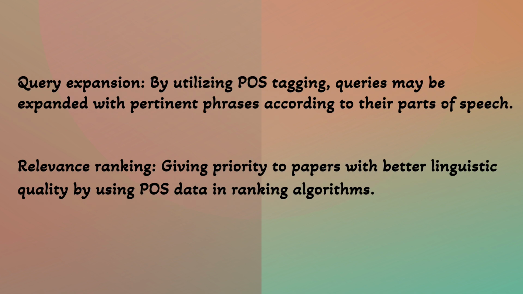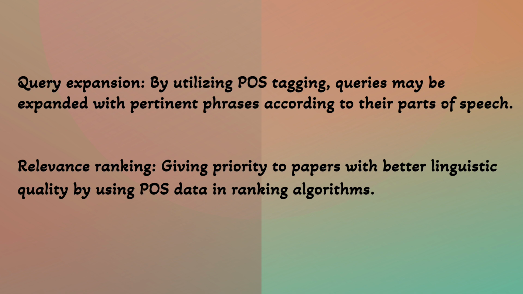The third one was query expansion. POS tagging enables advanced query expansion techniques, thereby broadening the scope of the search and improving recall. By identifying related terms based on their syntactic roles, IR systems can expand user queries with additional terms that share similar parts of speech.